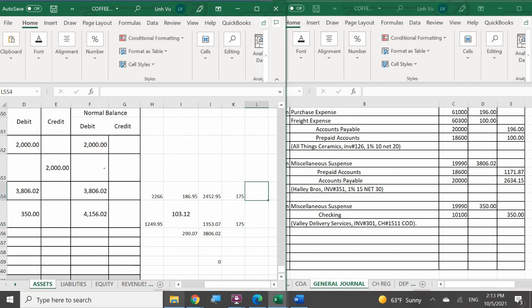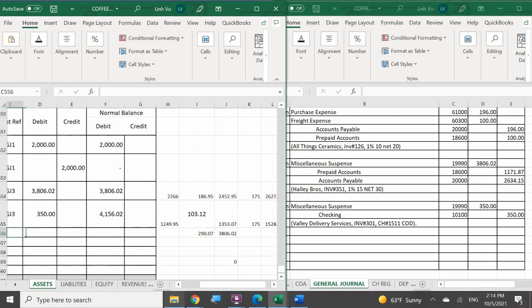So in this case, $2,627.95. Good. So $2,627.95 is what I'm going to take out from my miscellaneous expense.